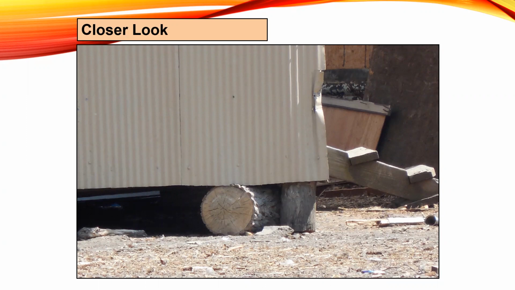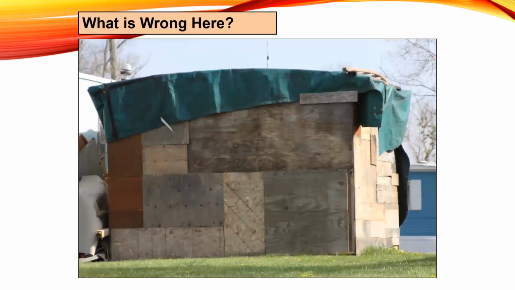It's not properly elevated or anchored, the materials are wrong, it's not wet flood proofed, and it may also be a code enforcement issue. We've seen multiple cases like this. The same thing here: definitely not the right materials, and it's not elevated or anchored. So again, do outreach and make sure that people know about the requirements for accessory structures.